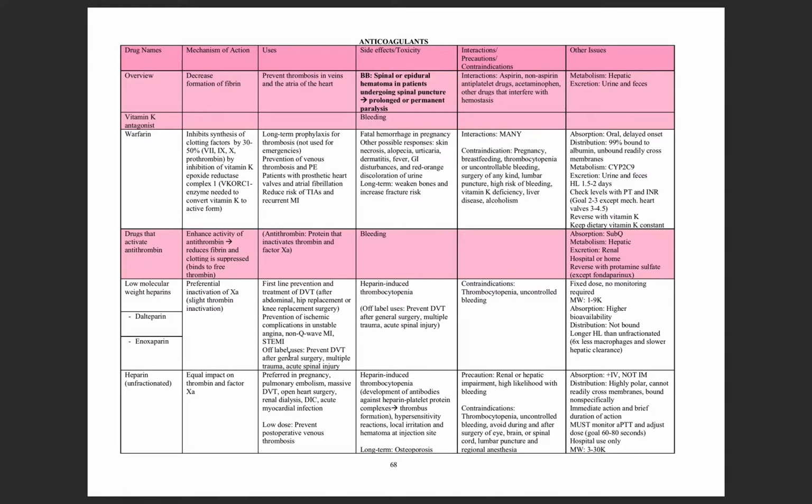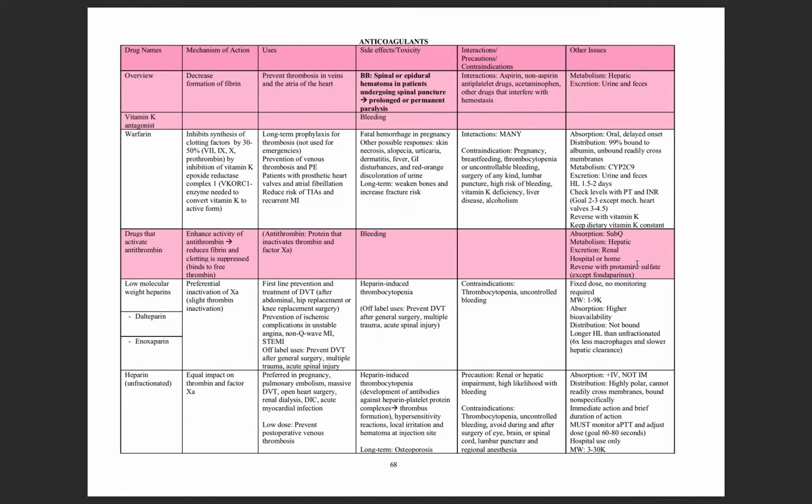Once again, the uses are basically the same: MI, strokes, even DIC, but heparin that's unfractionated is preferred in pregnancy. Bleeding is the major side effect, but heparin-induced thrombocytopenia can occur. As a result, we don't want to use this in individuals with pre-existing thrombocytopenia or uncontrolled bleeding.